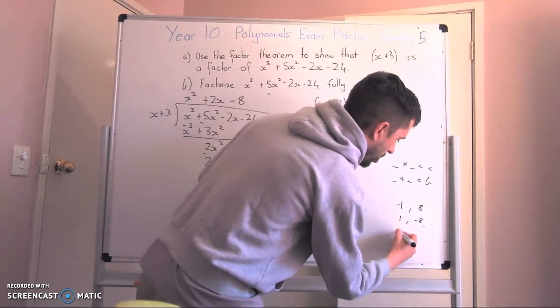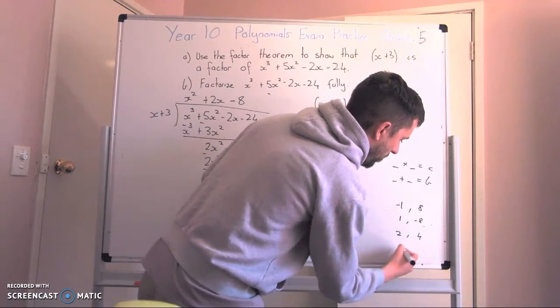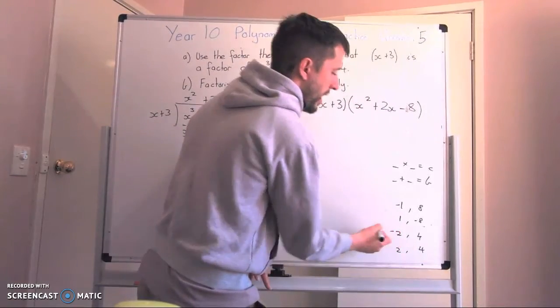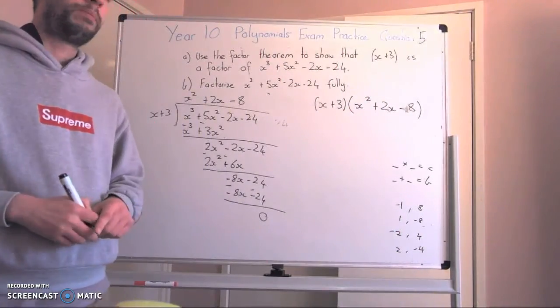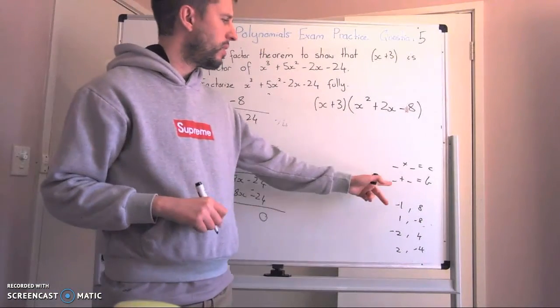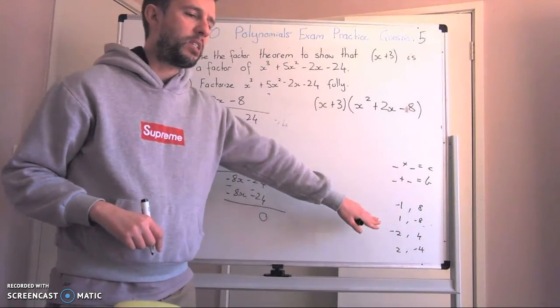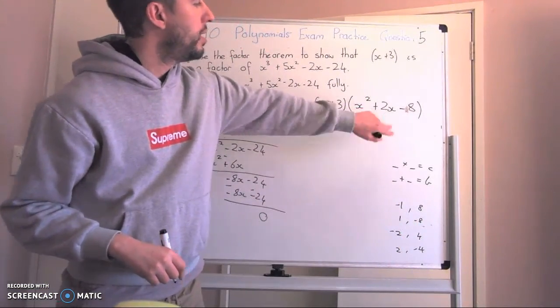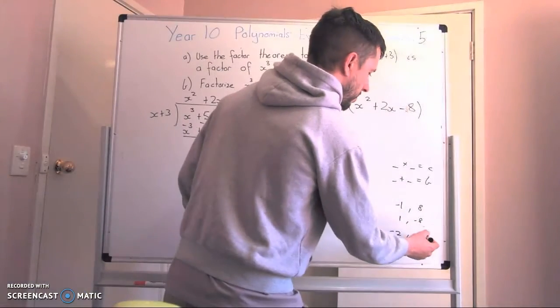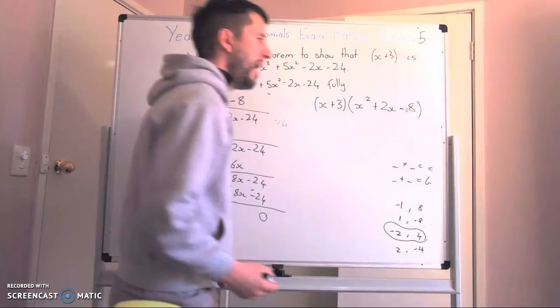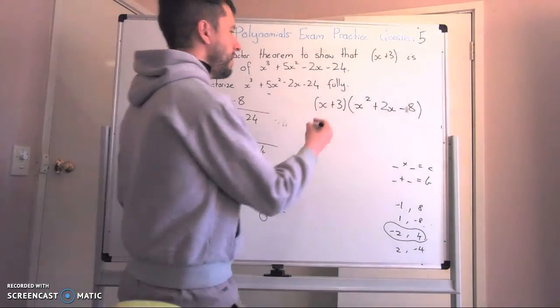I've got 2 and 4, but it must be negative 2 and 4, or 2 and negative 4. Now I need to think, which of these factor pairs add up to positive 2? And that is 4 and negative 2.